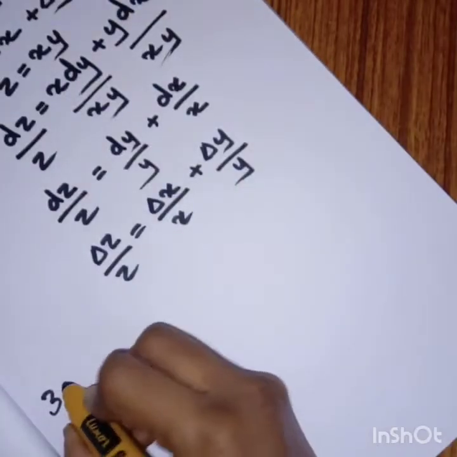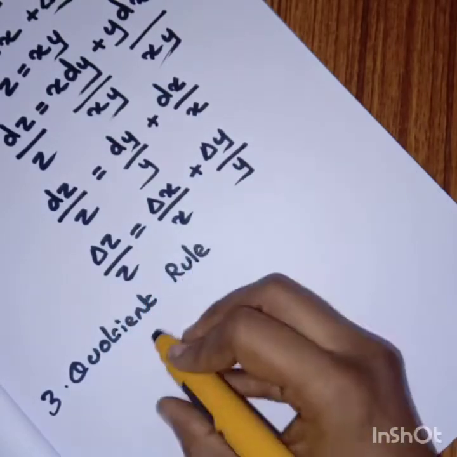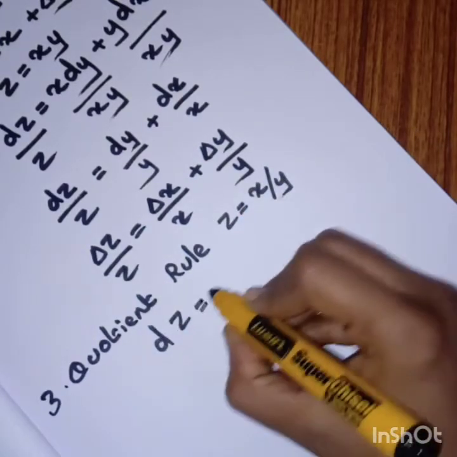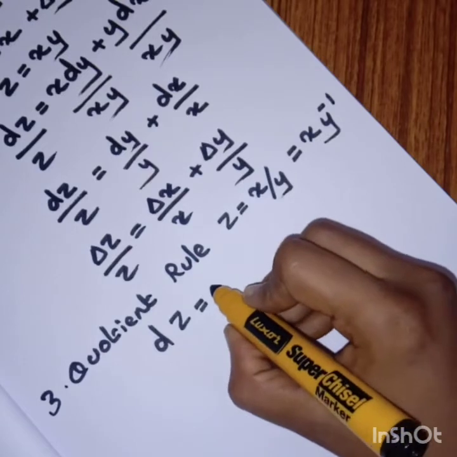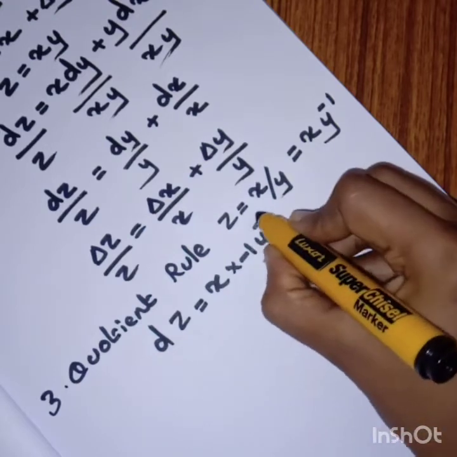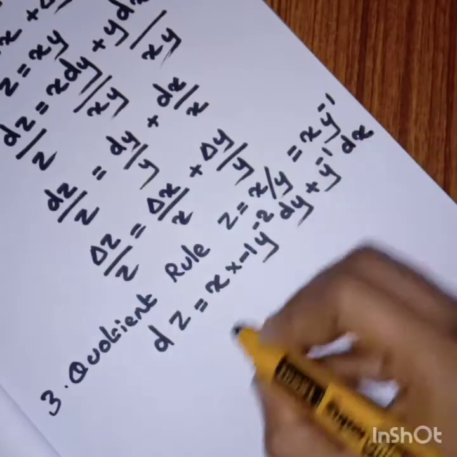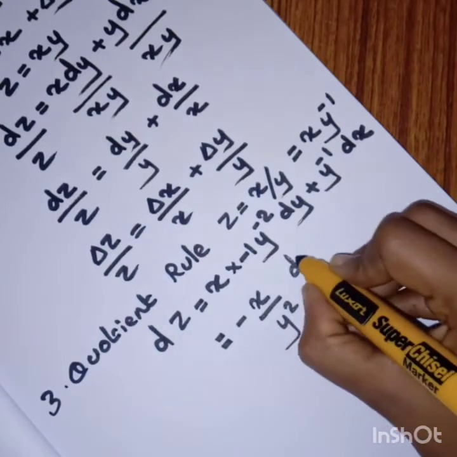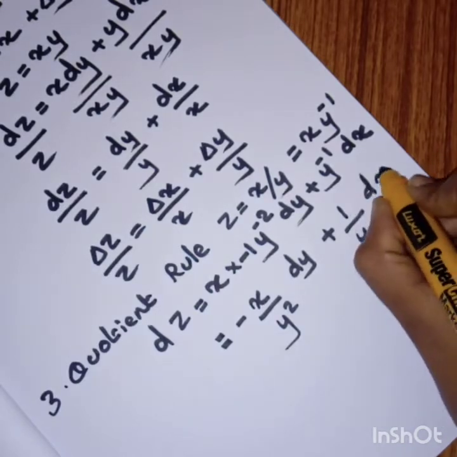Okay, next rule is the quotient rule. z is equal to x by y. Then dz is equal to, I just rewrite it as x y raised to minus 1, first function into derivative of the second function, minus 1 y raised to minus 2 dy, plus y raised to minus 1 dx, which is minus x by y square dy plus 1 by y dx.